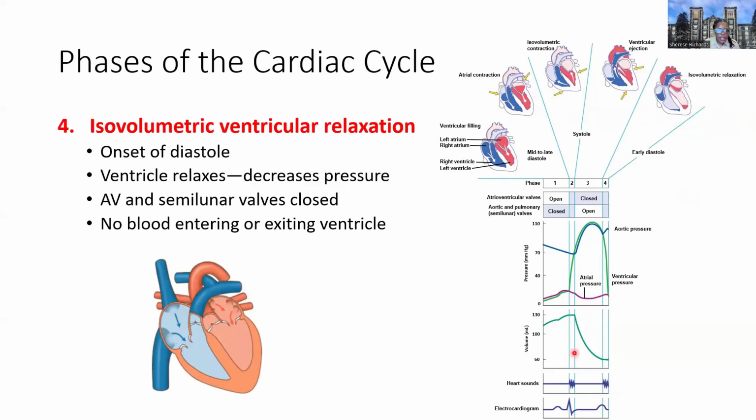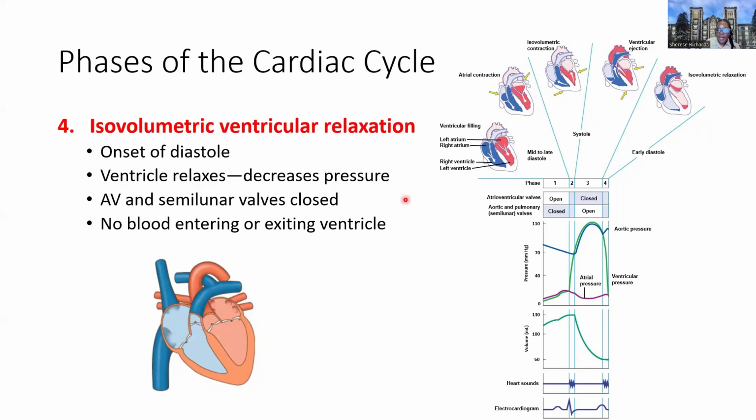Okay, let's go to the last and fourth phase, the isovolumetric ventricular relaxation. And you can consider this to be the exact opposite of phase two, which is isovolumetric ventricular contraction. So here, same thing, all four valves are closed. Now, this means that blood is not moving across any of the chambers.